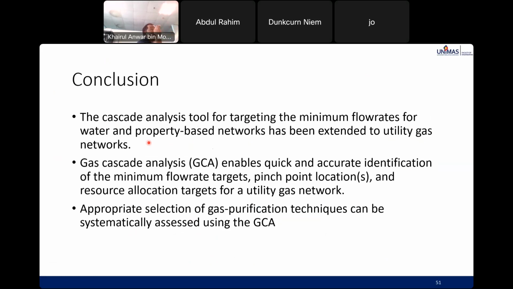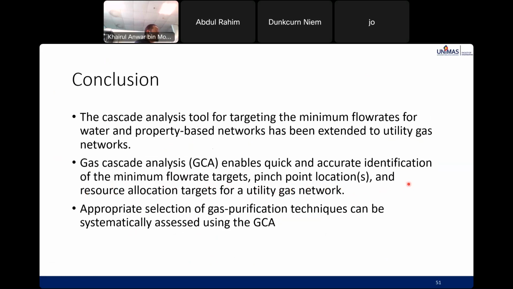Last week, I saw an example for gas, but based on the time-based method. This is the stream-based method. We learned about nitrogen, oxygen, and hydrogen pinch in this topic. The gas cascade analysis enables quick and accurate identification of the minimum flow rate target and the source allocation target for a utility gas network.